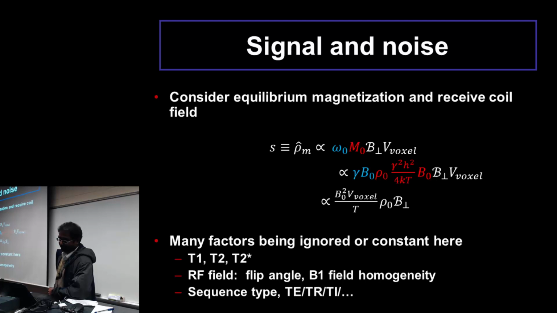There are other characteristics, of course, that change your signal amplitude depending on your experimental parameters, but right now we are interested in these dependencies first. The first important aspect is the volume proportionality, meaning it's proportional to the voxel volume that you're acquiring the signal from.